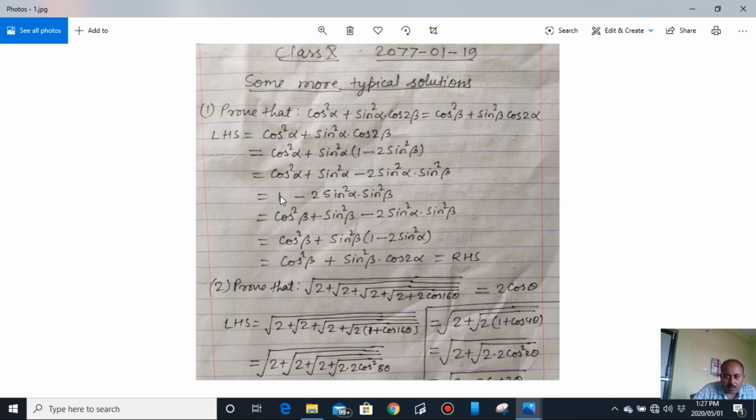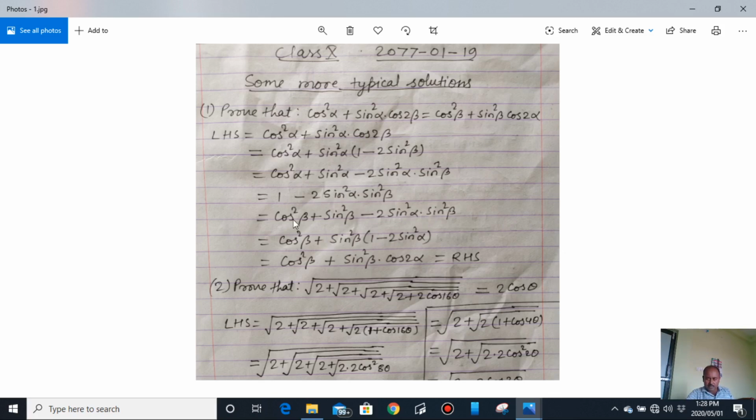And now 1 can be written as cos square beta plus sin square beta, because this formula is independent of angle. Whether it is alpha, beta, A, B, C, D, or anything, cos square theta plus sin square theta is 1. So 1 can be written as cos square beta plus sin square beta, and this part is the same as before.